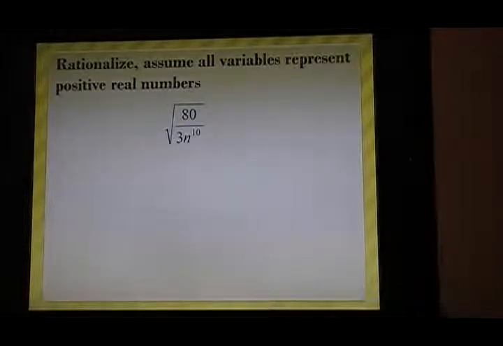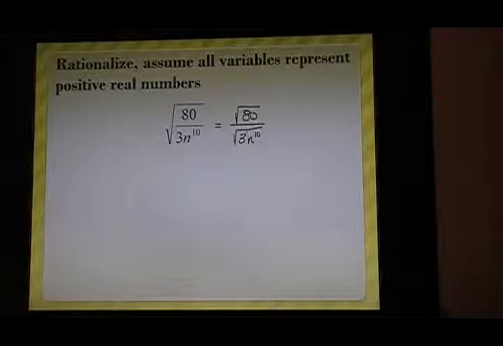So, square root of 80 over 3n to the 10th. This 80 over 3 I cannot reduce, so it's not serving me any purpose having it combined. So I'm going to go ahead and break it apart into the square root of 80 over the square root of 3n to the 10th.